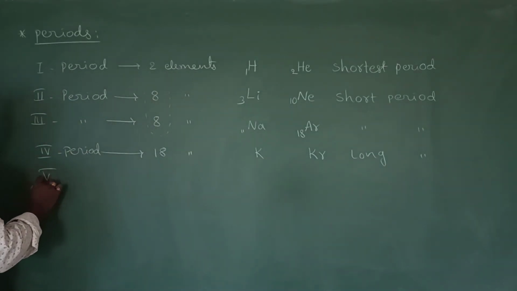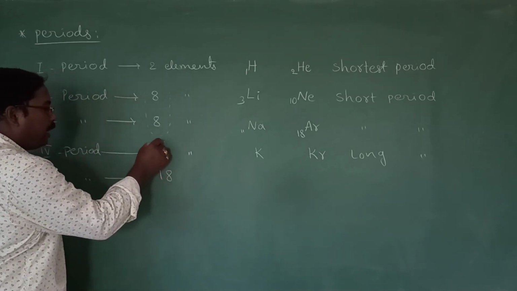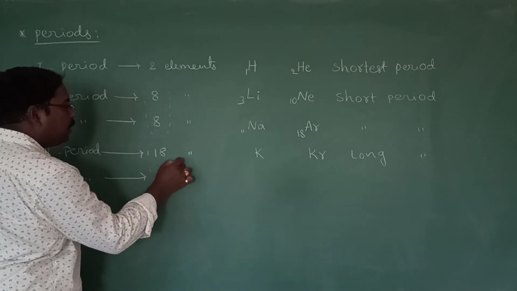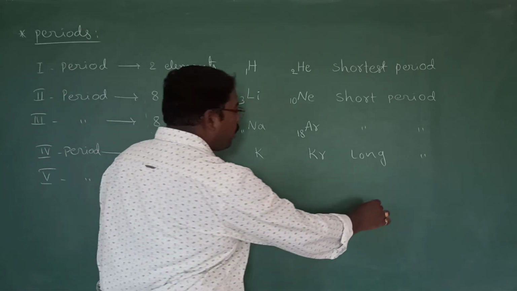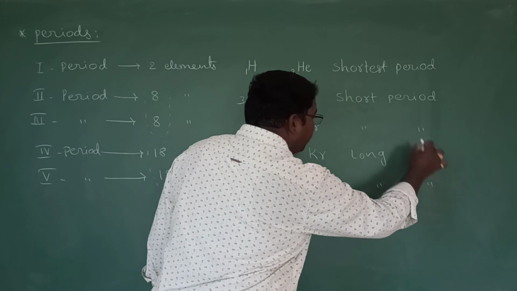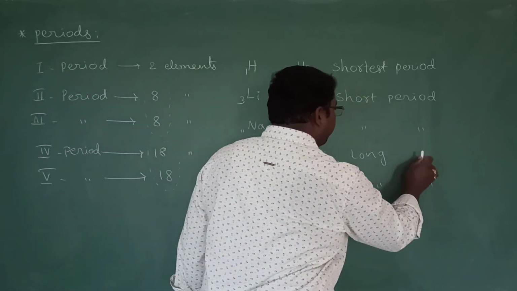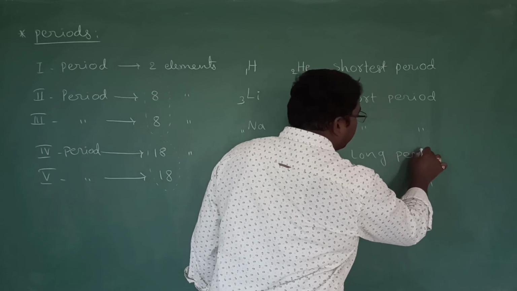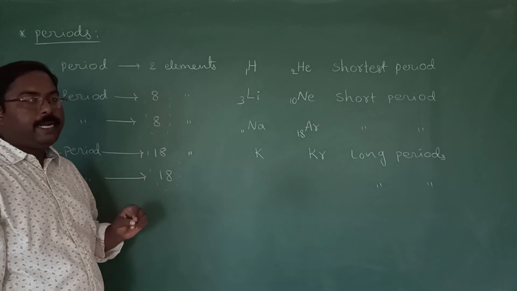Now coming to the fifth period, this will also contain 18 elements. So both the fourth and fifth periods contain the same number of elements. That is why these two are known as long periods. Second and third periods are known as short periods.